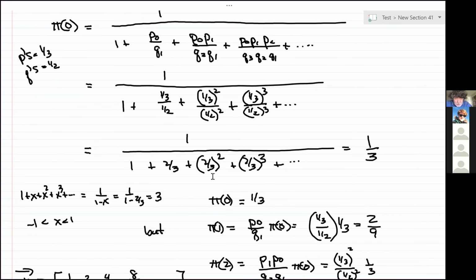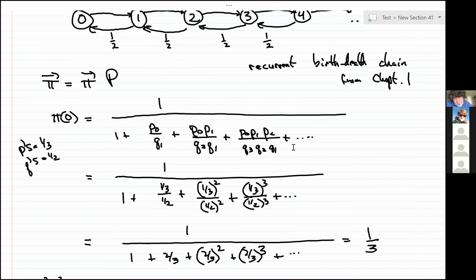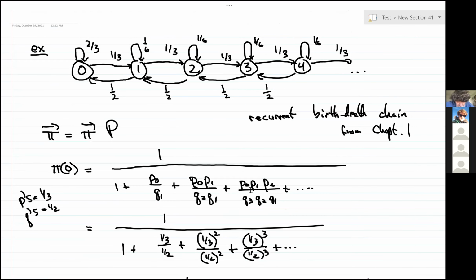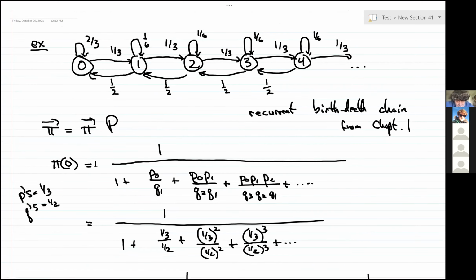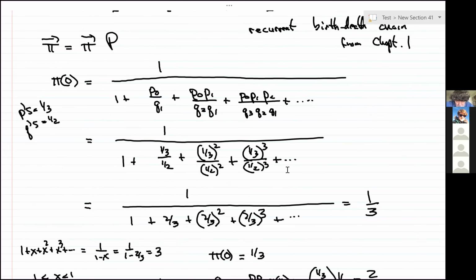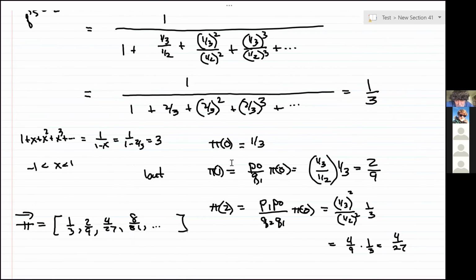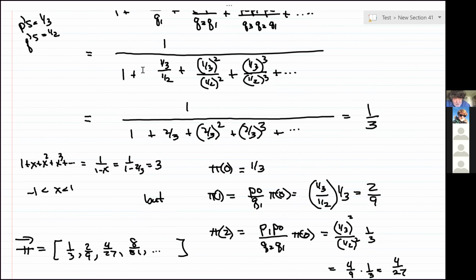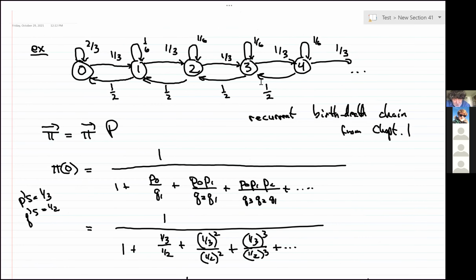Long story short, the series on the bottom, when the P's and Q's are reversed in this example, diverges, which means what? Pi 0 would be 1 over infinity, which is essentially 0. But then all the other pi's are in terms of the pi 0, so they're all 0 as well. But that can't happen because if each of these has probability 0, they can't all add up to 1.